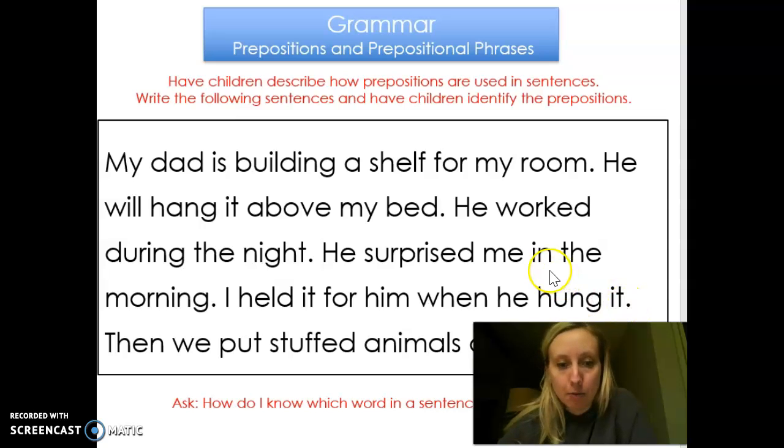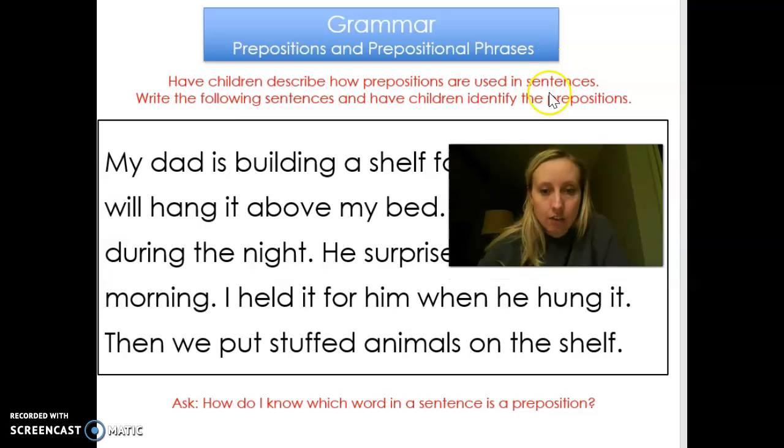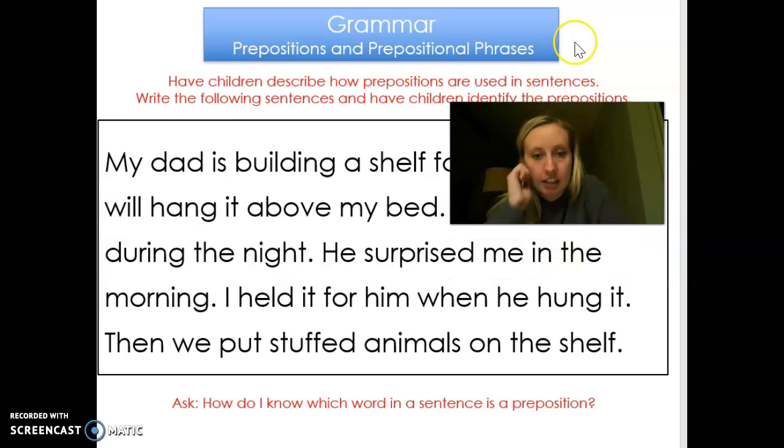I held it for him when he hung it. For is the preposition there. Then we put stuffed animals on the shelf. We didn't put them in the shelf. We put them on the shelf.